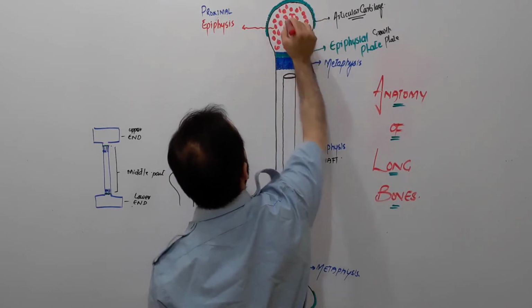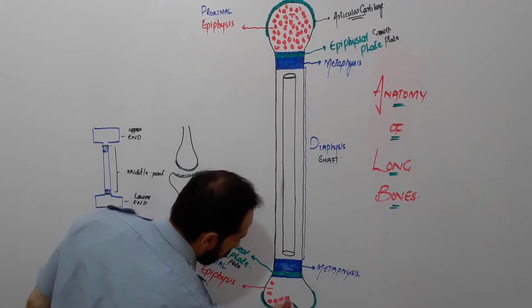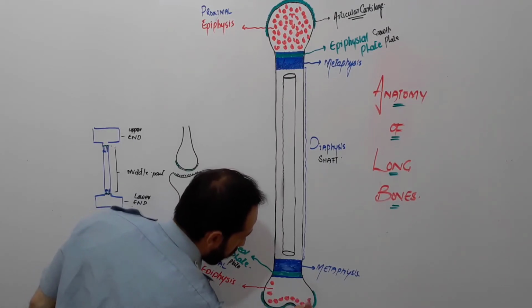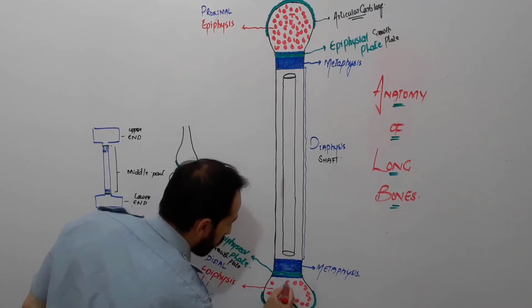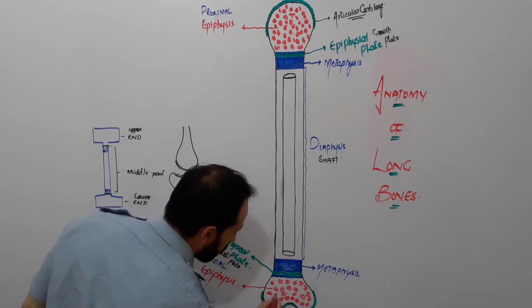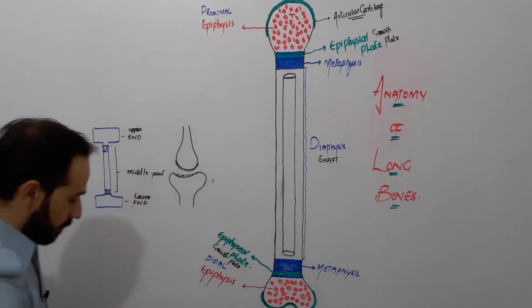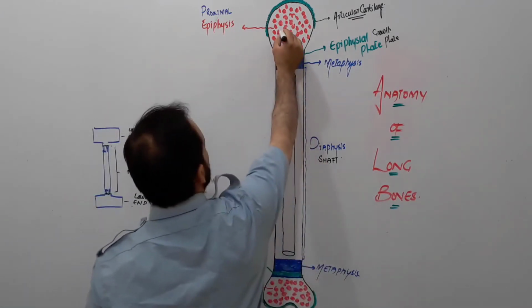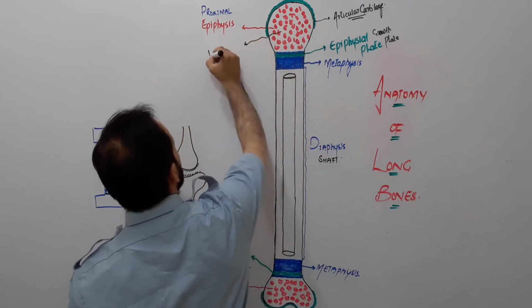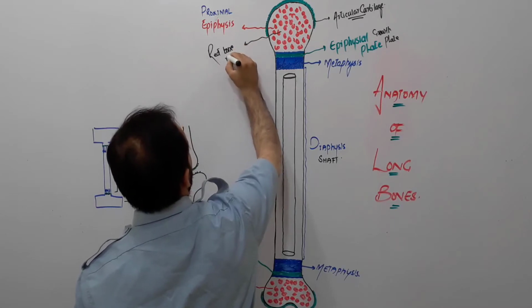Because it has red color. And also here we have red bone marrow. If someone asks you where the red bone marrow is present, now you know that it is present in the epiphysis. So let's name it: this is the red bone marrow.